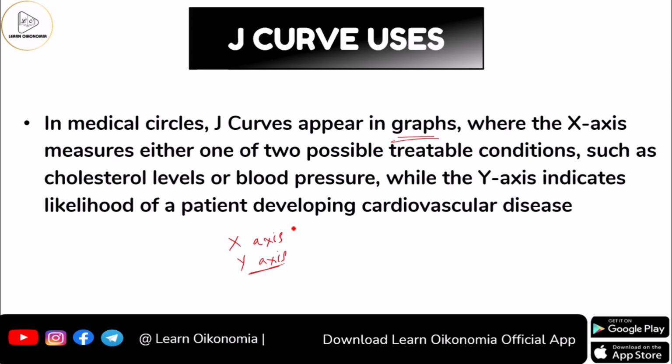So on the x-axis the conditions which could be treatable, and on the y-axis the chance, possibility or probability for the person to develop a disease. So again that would take the form of a J. Initially it will deteriorate, then it would improve.